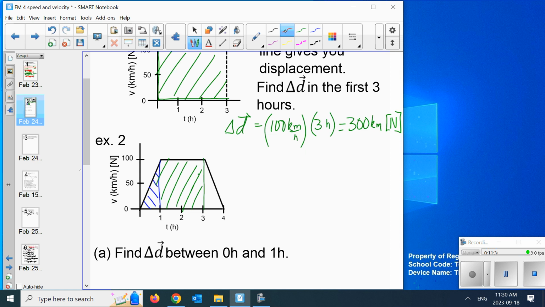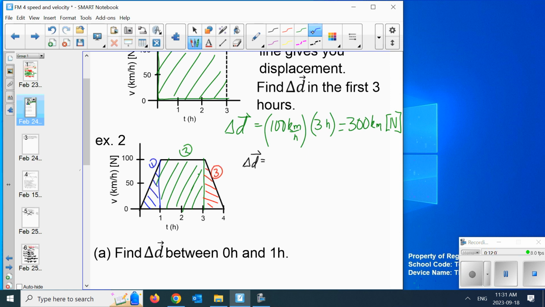Green, red, I don't care if you call them 1, 2, 3. So to do this one, you're going to do 3 calculations for the area.